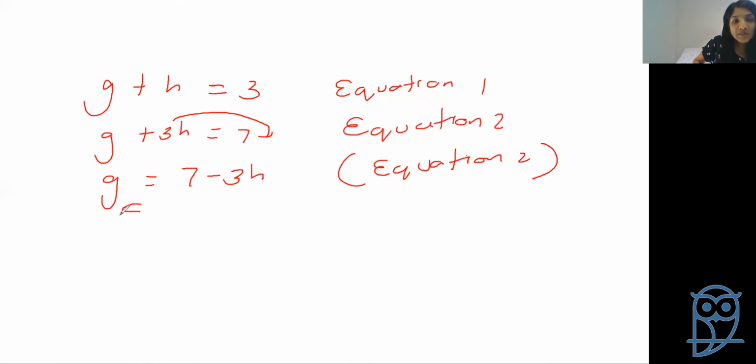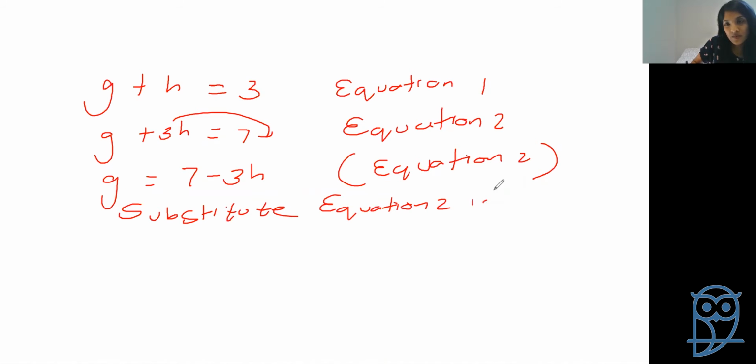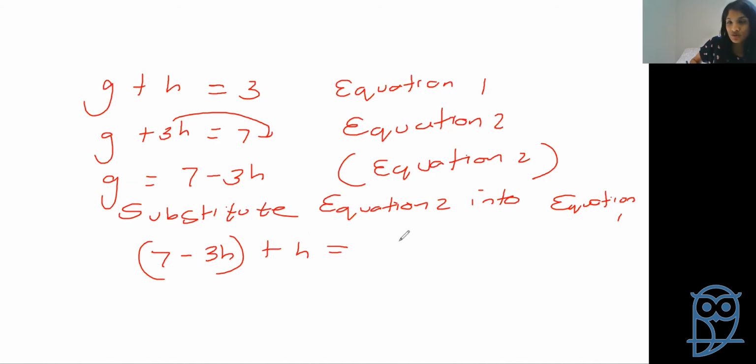Now, we're going to substitute equation 2 into equation 1. And we're going to start off by saying 7 minus 3H plus H is equal to 3.